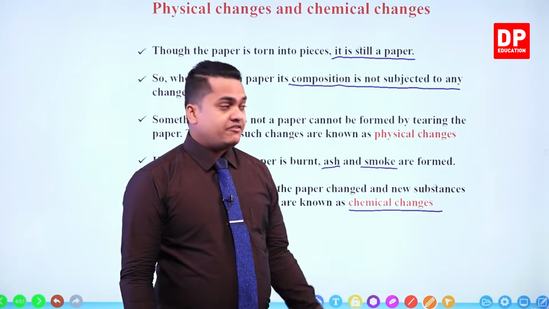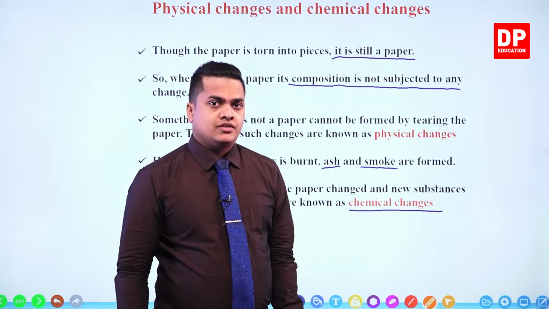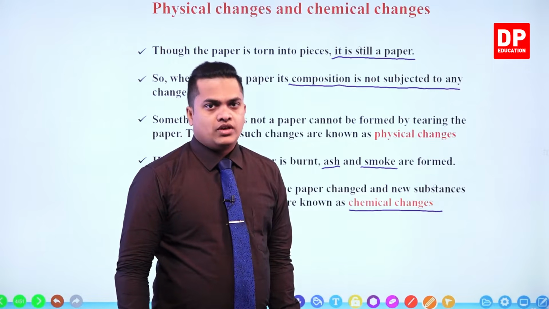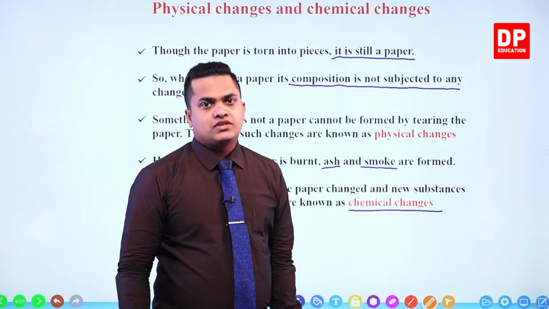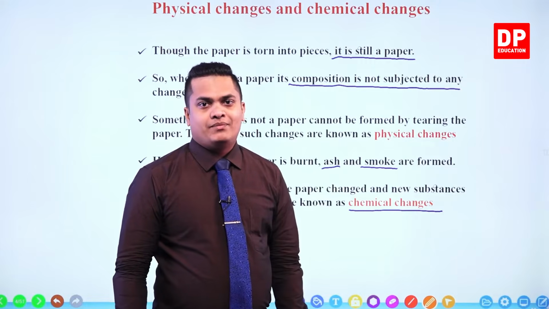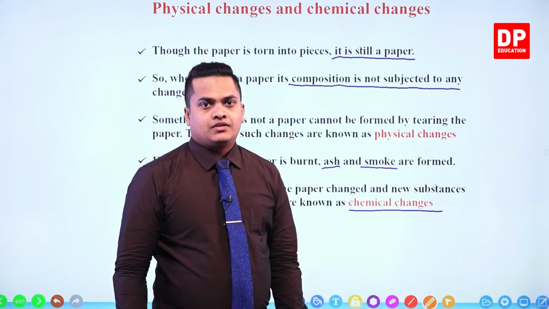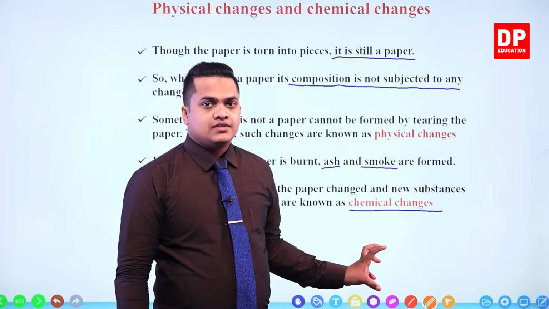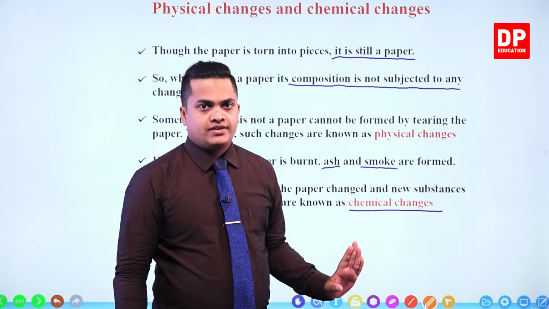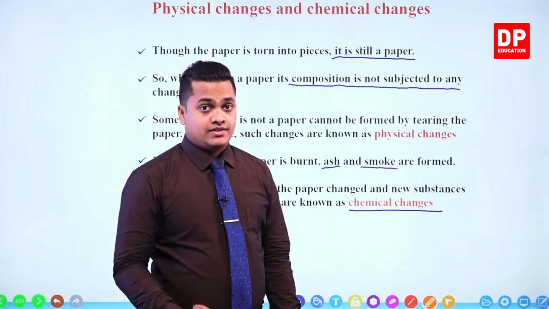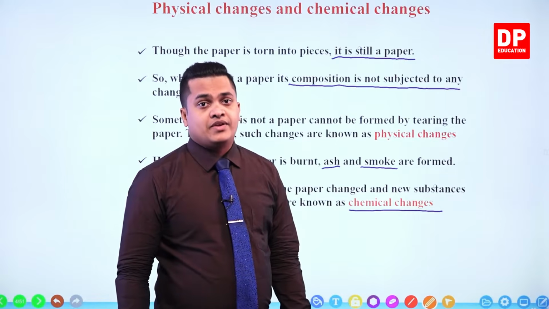But in a chemical change, there's no possibility. We can't recreate it at all using those leftover substances. If you are given smoke and ash, we can't recreate the paper. So in chemical changes, there is no reverting back, but in physical change, yes, we can. That's another specialty in physical and chemical changes.